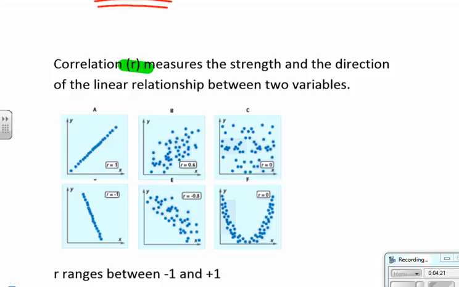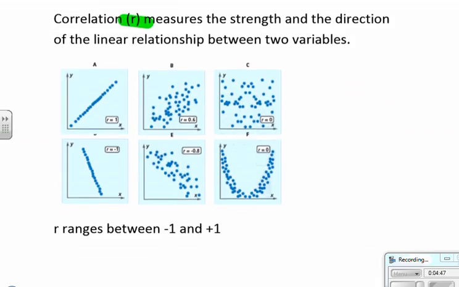Correlation measures the strength and the direction, both things, of the linear relationship between two variables. Strength being how linear is the data, and direction as in is it uphill, positive, or downhill, negative, just like slope of a line that you did back in Algebra 1. Your R numbers will always fall in the range from -1 to +1.